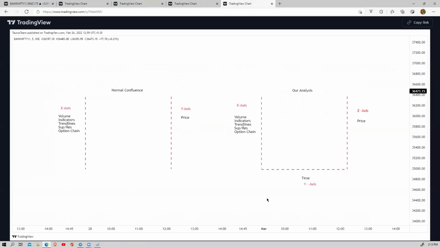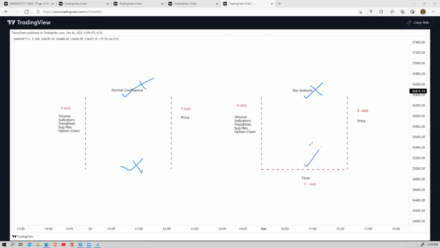Now, when it comes to our analysis, we are taking time into consideration as well. So this has only one side loop, which is compulsory. That is what I call a perfect risk. In this, you have two risks. Here, you have only one risk.